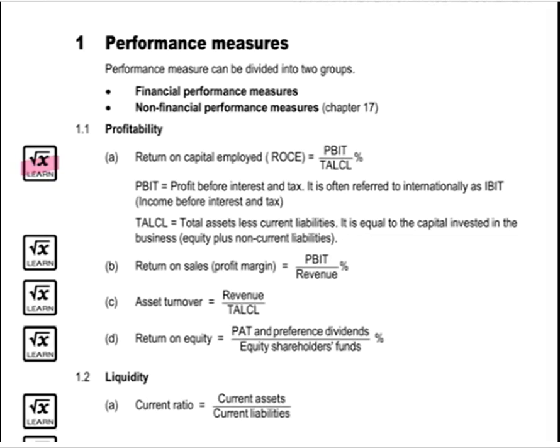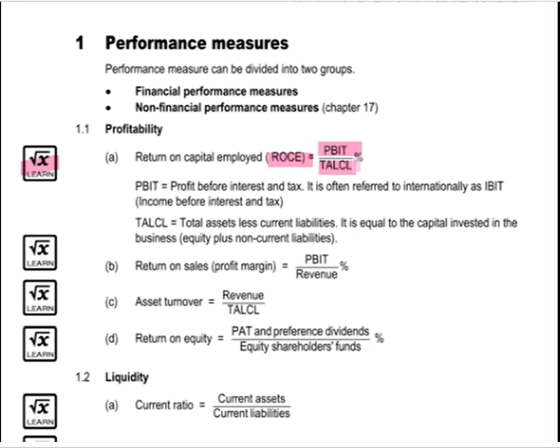The first ratio that we're going to look at is ROCE, our return on capital employed. In order to calculate ROCE, we'll take first our profit before interest and tax, which we'll refer to simply as PBIT, and divide it by our total assets less current liabilities, which we can call TALCL.